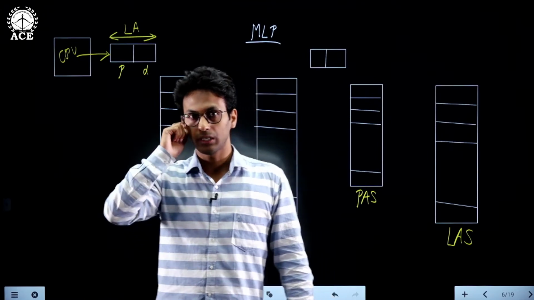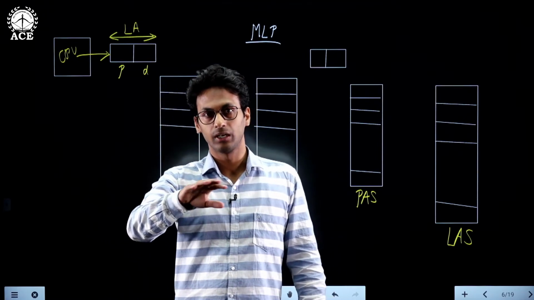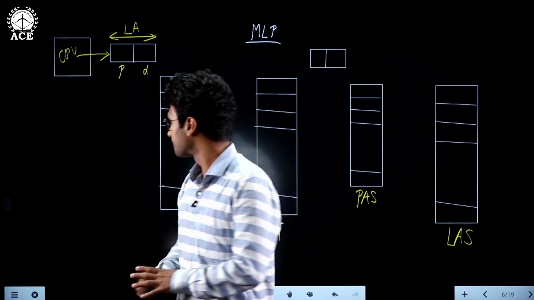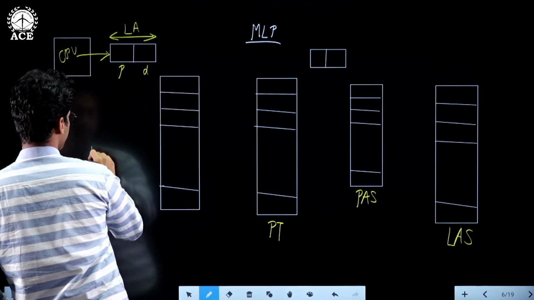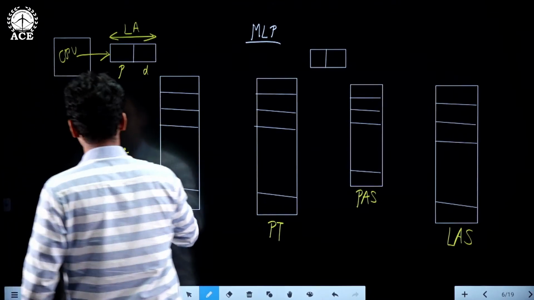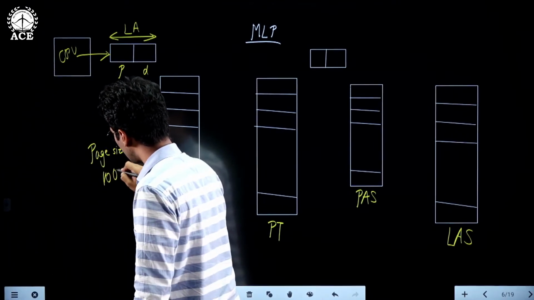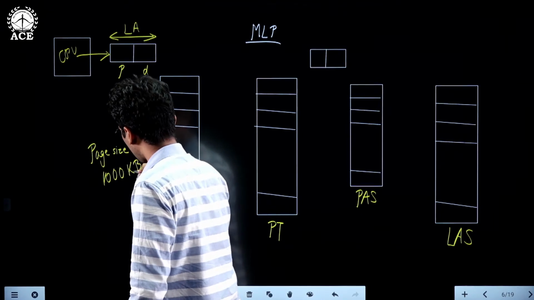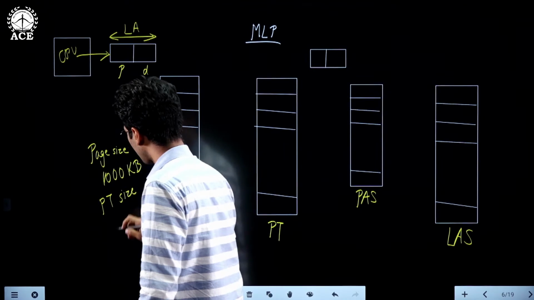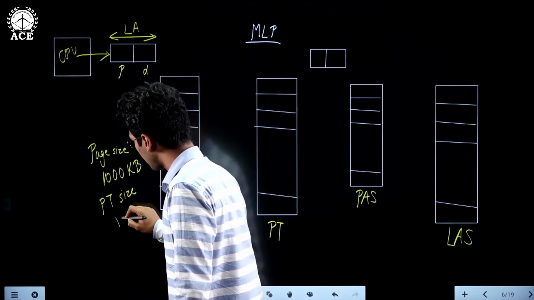But what if the sizes are different? First example: page size is 1000 KB and page table size is 100 KB.